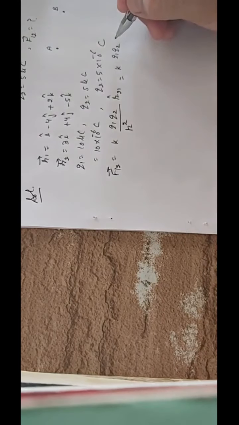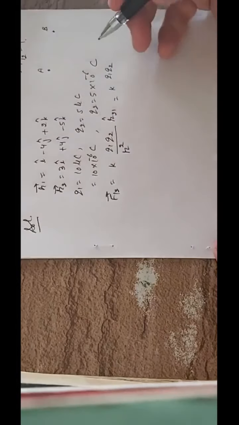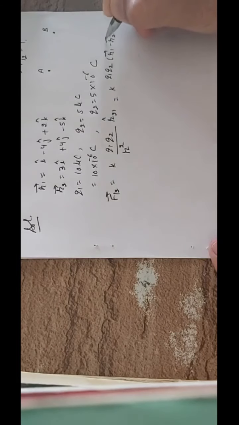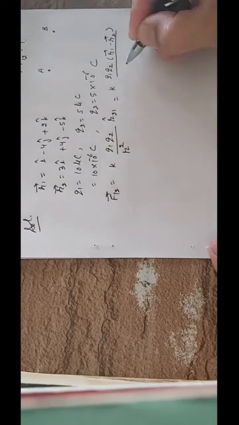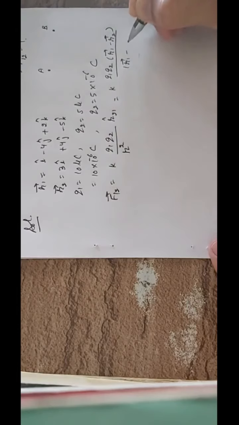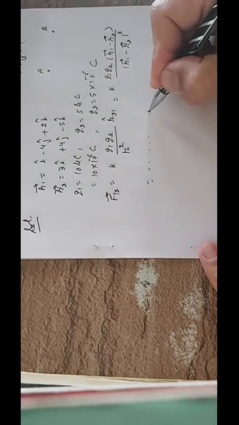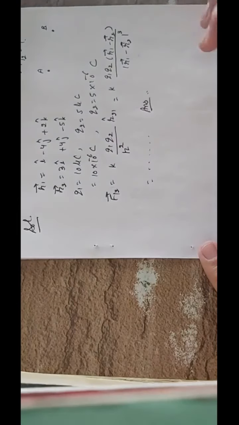Now what was this equal to in this case? It equals R1 minus R2 divided by modulus of R1 minus R2 cubed. Just put in the values, you will get its answer.